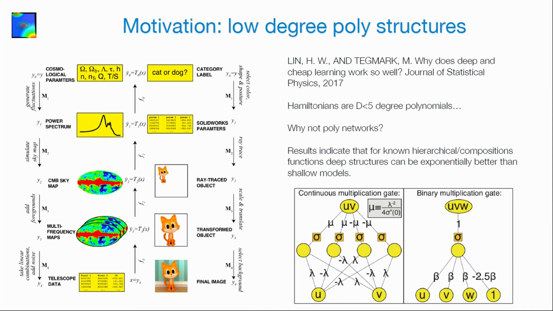The other motivation is coming from recent results from Tegmark and others. They are trying to understand why deep structures are much better for learning things like images, and their result was really interesting. The first thing which caught my eye was that they say the Hamiltonians at every layer are polynomials of degree less than 5.